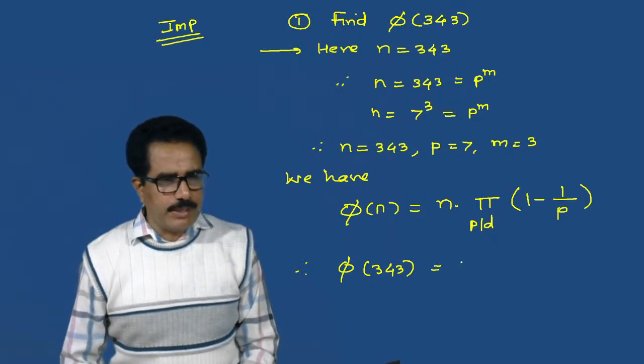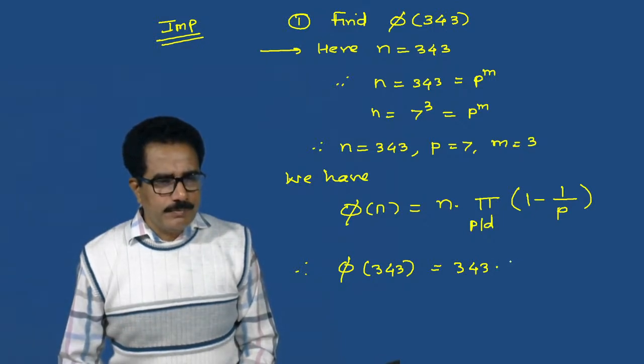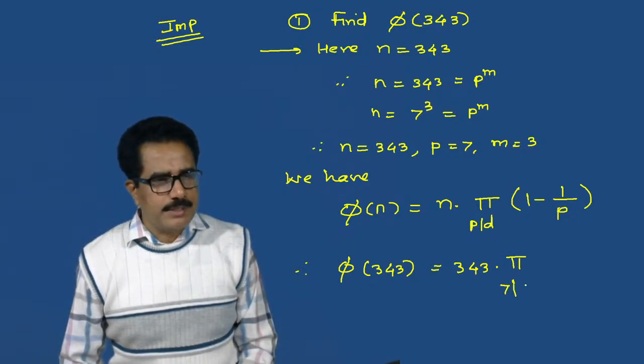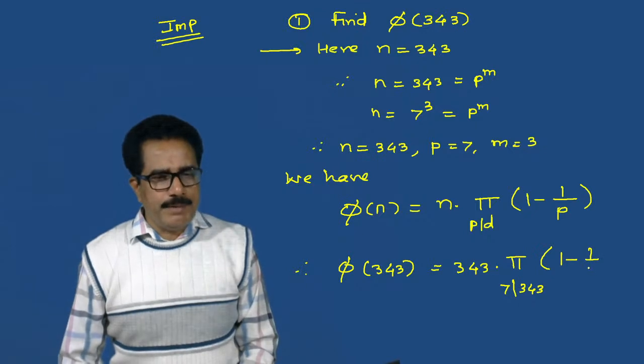So therefore phi of 343 is equal to n, means 343, into the product over p divides n. p means 7 divides 343, 1 minus 1 upon p means 7.